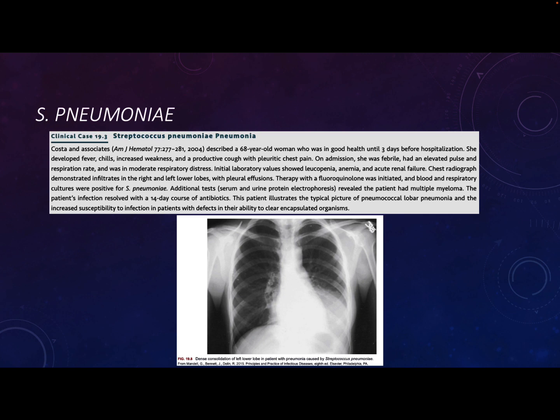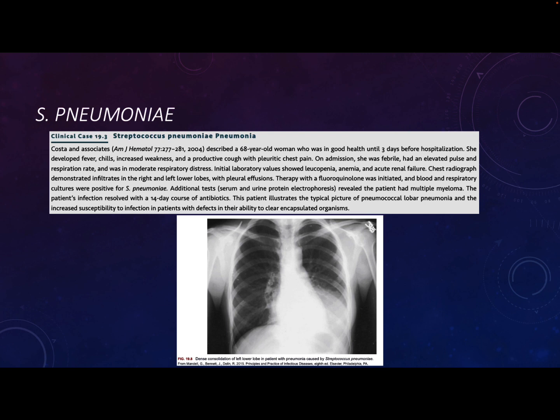This is a 68-year-old woman who was in good health until 3 days before hospitalization. She developed fever, chills, weakness, and a productive cough with chest pain. So the pleura is like the cavity surrounding the lungs. On admission, she had a fever, elevated heart rate, elevated breathing rate, and she was in moderate respiratory distress.